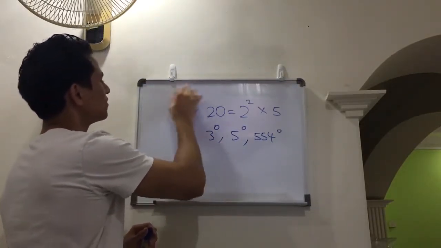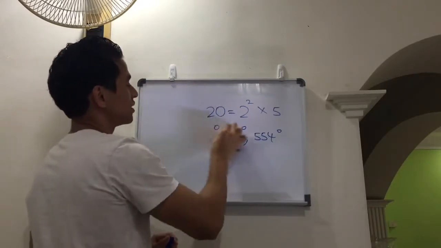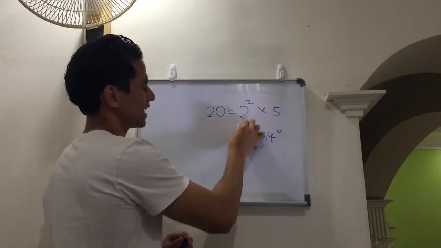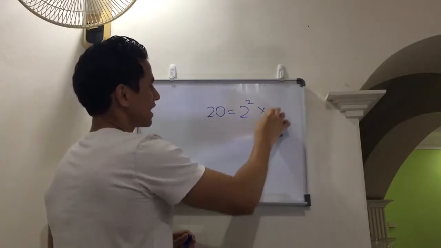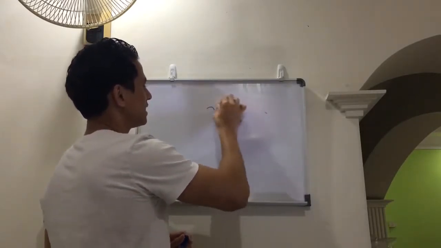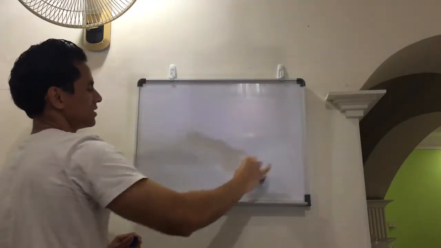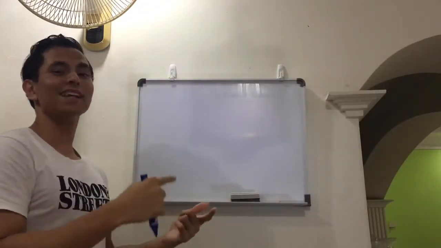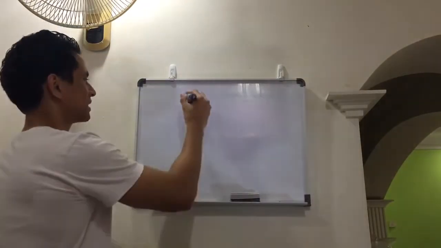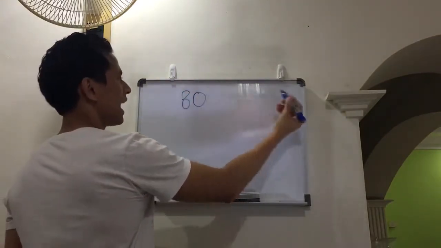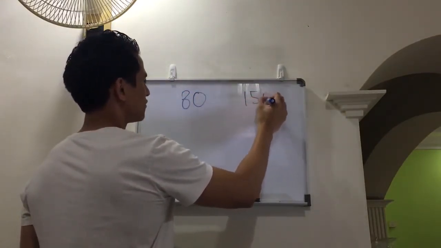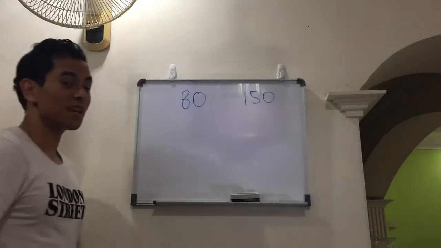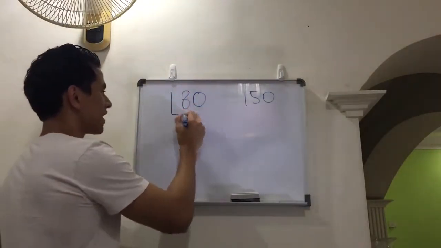Okay, so now we want to learn the lineup method. We have learned these 3 things that I wanted to mention to you. So the lineup method simply can be done as follows. Say we want to find the HCF and the LCM of these 2 numbers, 80 and 150. So the first step here is to prime factorize 80.